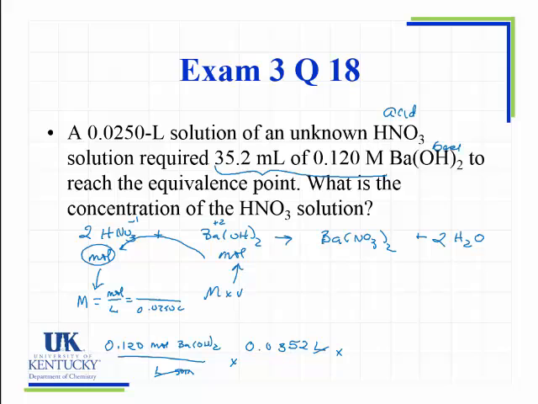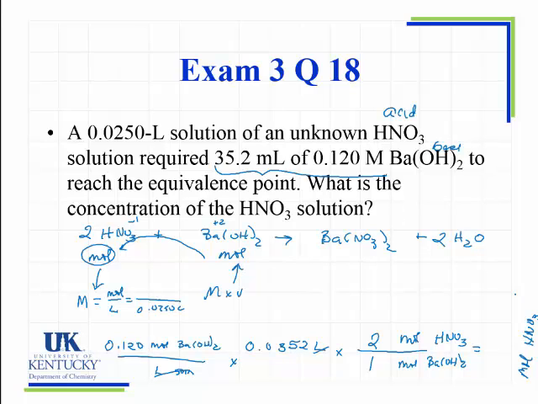And then I'm ready to go over the bridge from moles of barium hydroxide that I'm trying to cancel and going to moles of HNO3. The balanced equation shows me there's 2 of these for every one of those. So I'm going to multiply across to now obtain the moles of, and I'll write this sideways, moles of HNO3.